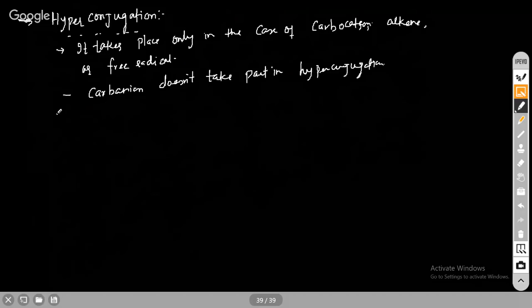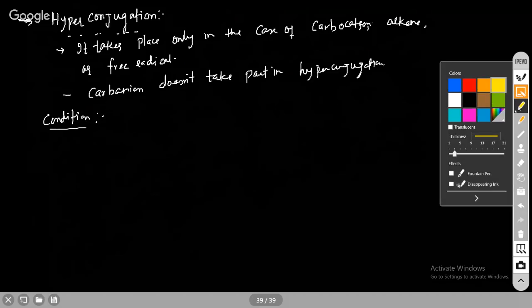What is the condition for hyperconjugation we have? That you write down. Condition: write down the condition for hyperconjugation.